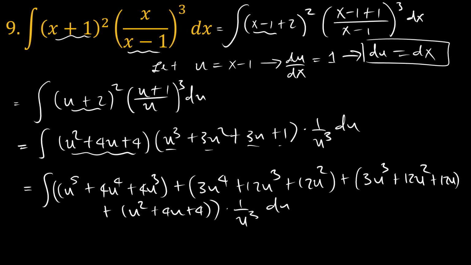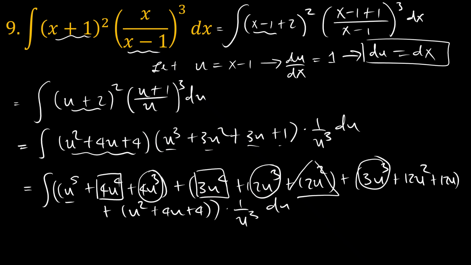And so we can begin collecting like terms. We have only one u to the 5, and then we have this and that, and so on.